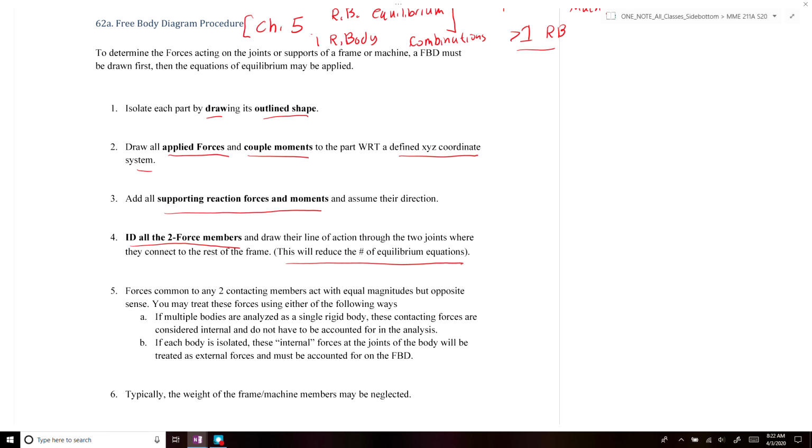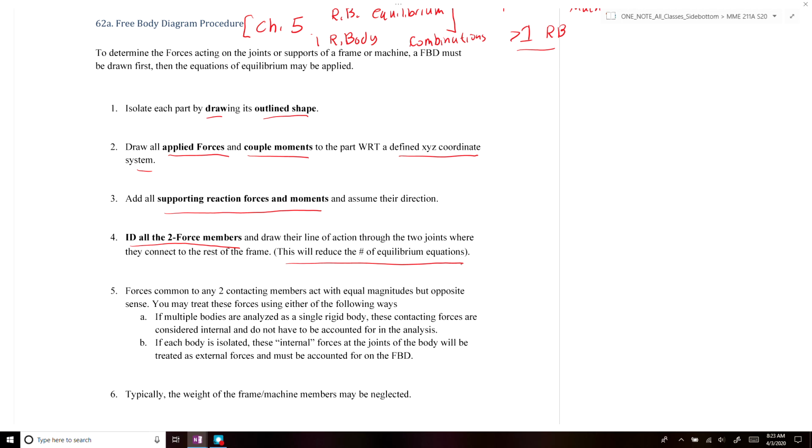So please do make sure that you try to identify all the two force members. And then once you have, sometimes you're going to have rigid bodies connected at joints.